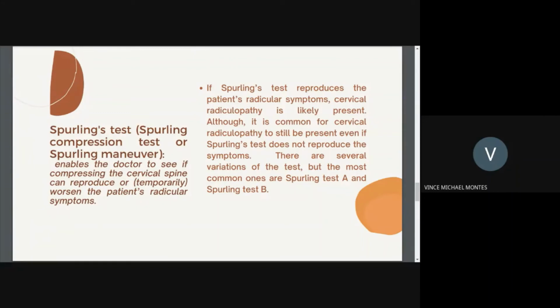If Sperling's test reproduces the patient's radicular symptoms, cervical radiculopathy is likely present, although it is common for cervical radiculopathy to still be present even if Sperling's test does not reproduce the symptoms.